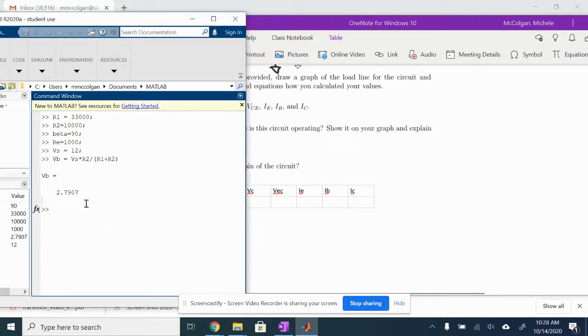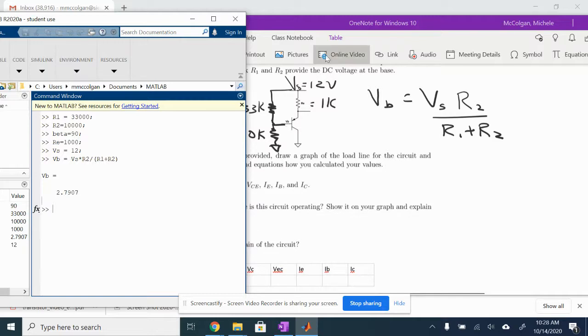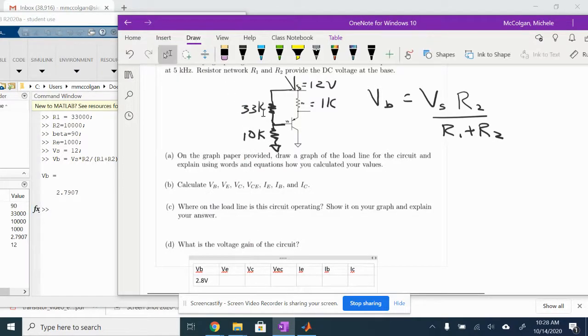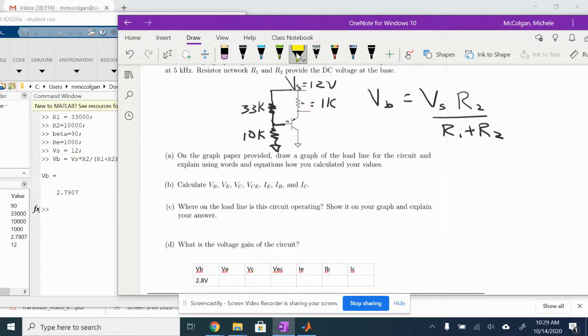And so now if I want to calculate VE, if I look at my circuit again, I know what my voltage is at VB right here, and so I need to add 0.6 volts to get up to my VE right there.